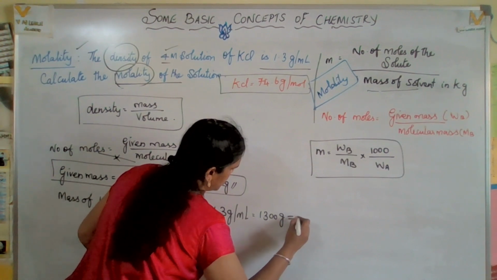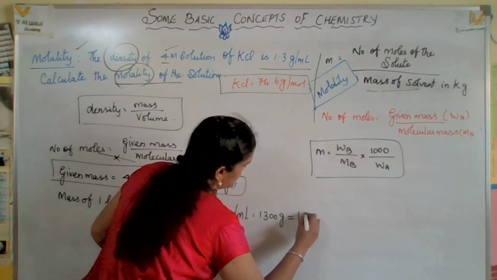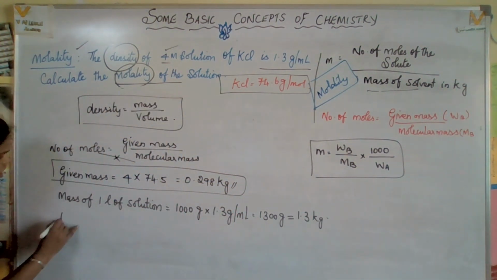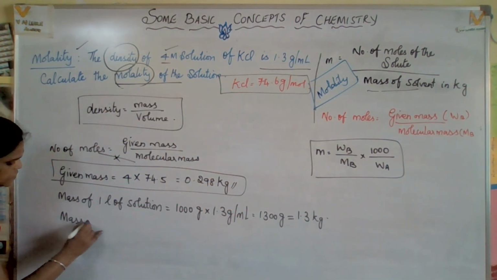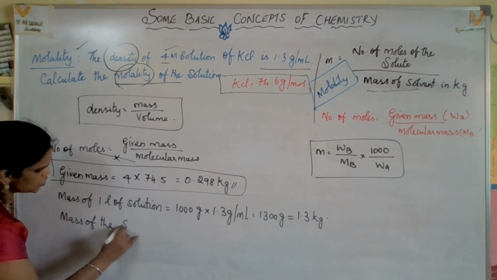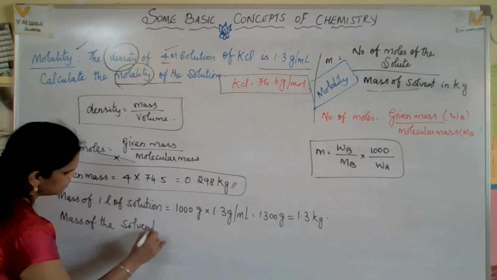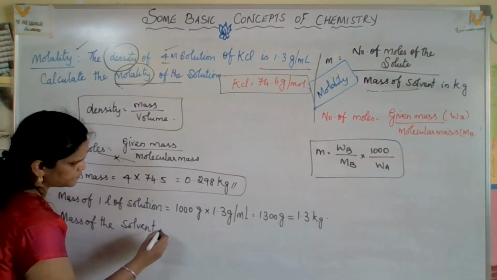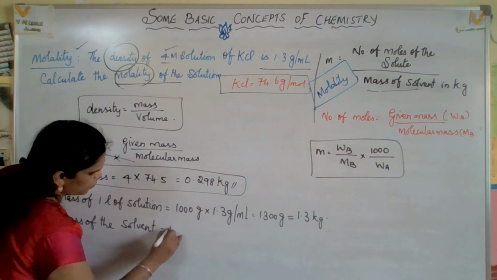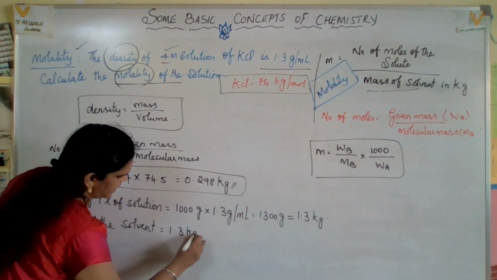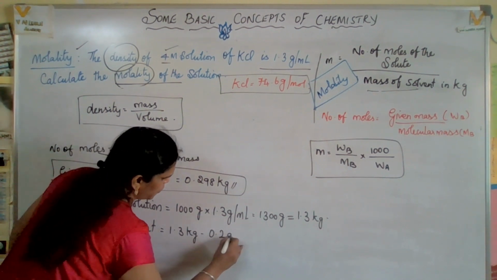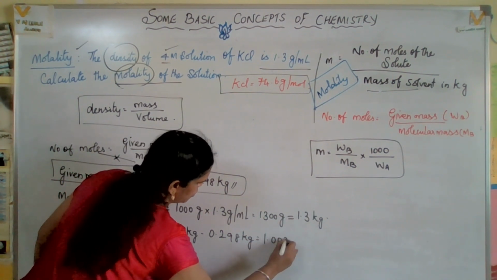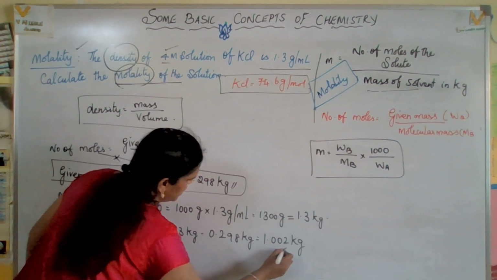Converted into kg, it is 1.3 kg. Now the mass of the solvent is 1.3 kg minus 0.298 kg. So you will get 1.002 kg.